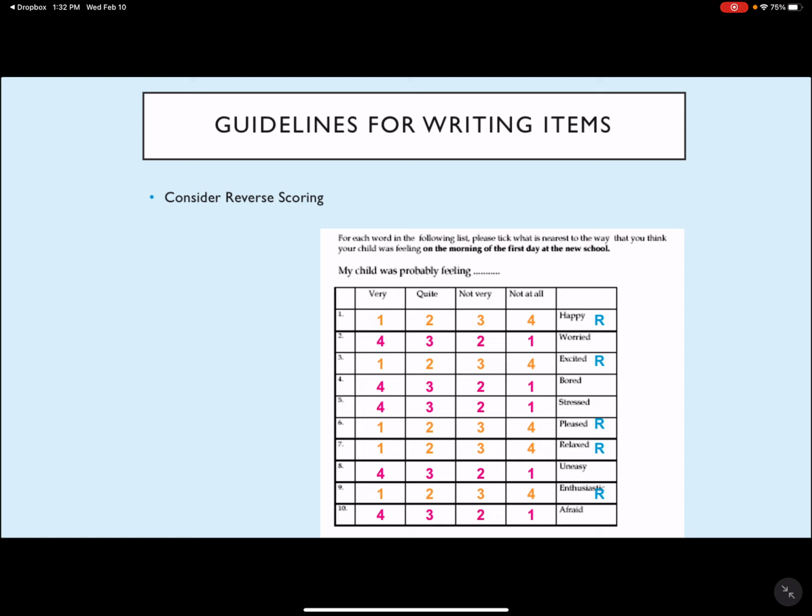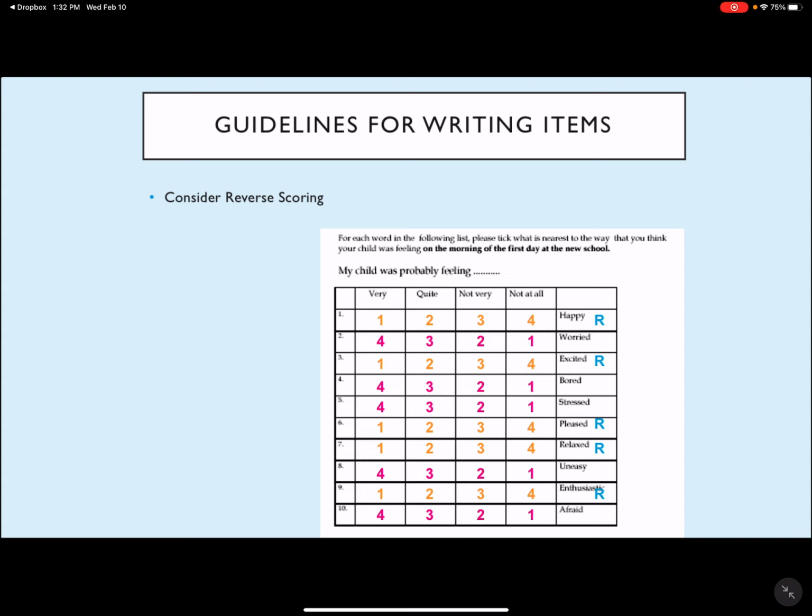So on those positive or reversed items, very is 1, quite is 2, not very is 3, and not at all is 4. So on those reversed ones, those positive emotions, scored 1 to 4, higher means less of a positive emotion.